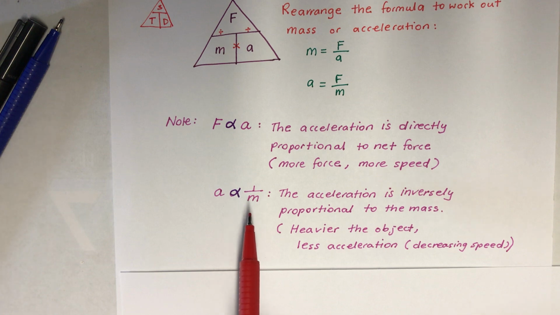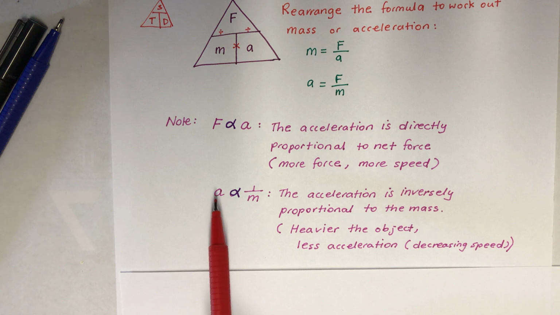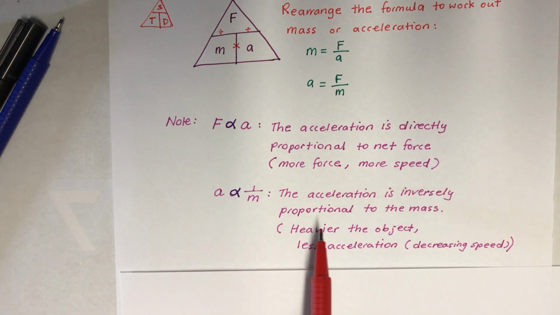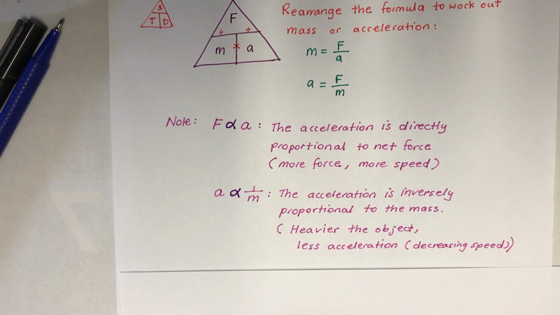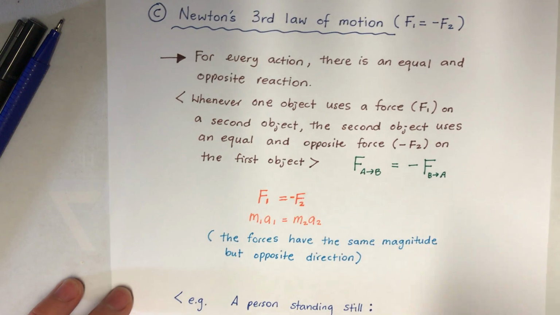So if m gets bigger, acceleration gets close to zero, wouldn't it? The heavier the object, the less acceleration, because it's harder to move. So it's a decreasing speed. All right, so third law.